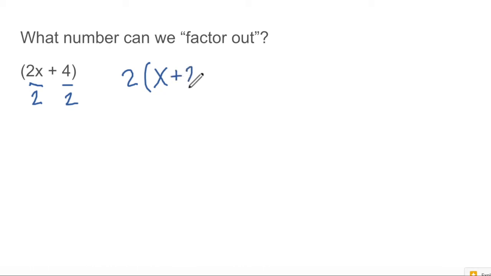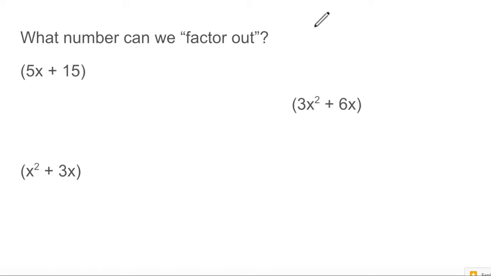So x plus 2 times 2 is the same as 2x plus 4. All we did is divide each term by 2 and write that 2 outside of the parentheses. Now if we wanted to reconstruct this back to where we started, we would just distribute the 2 across each of these two terms. In other words, multiply it by each of the terms, and we could get back to this. So we've factored a 2 out of this binomial.